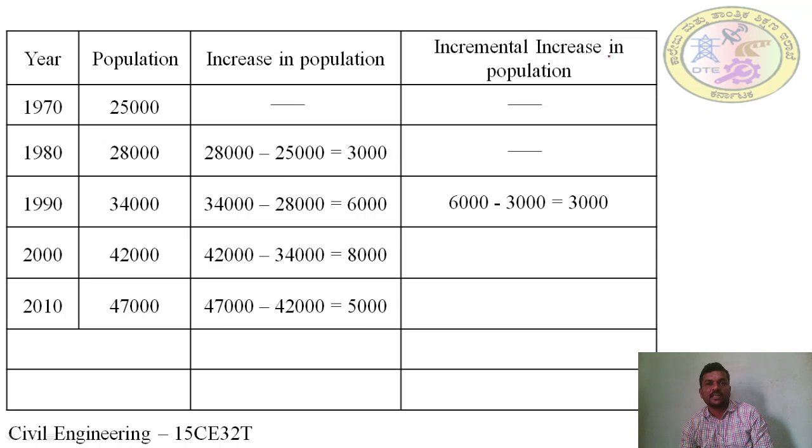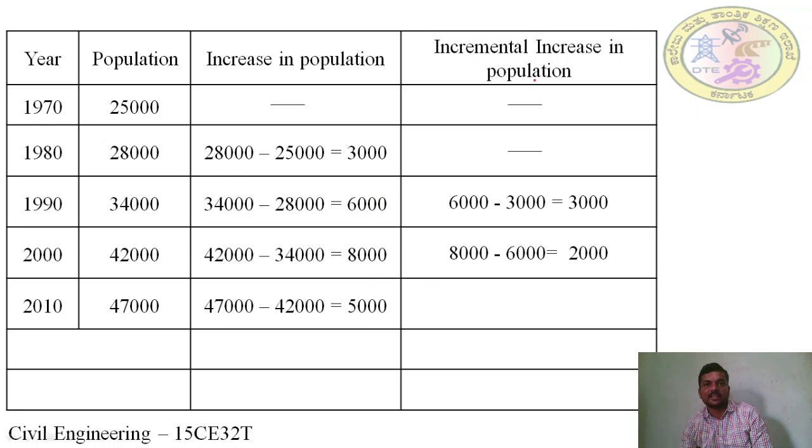Similarly, incremental increase in population for the year 2000 is equal to the increase in population of 2000 minus increase in population of 1990. So 8000 minus 6000 is equal to 2000. Here the values are in increasing order, here the values are in decreasing order.